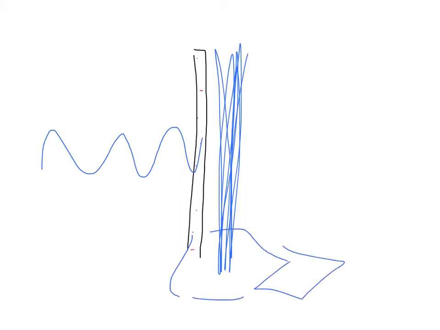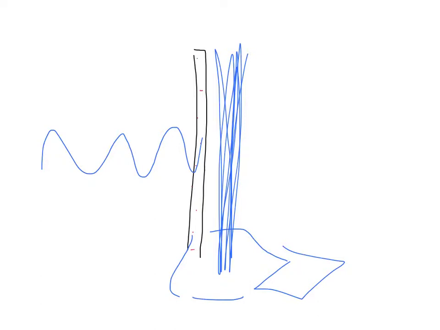And as these waves hit the antenna, that electromagnetic energy causes the electrons in the antenna to oscillate up and down. That oscillation establishes an alternating current, which goes to the receiver.